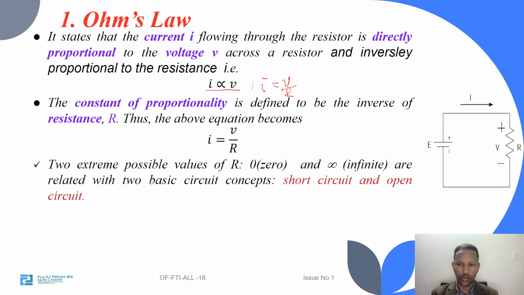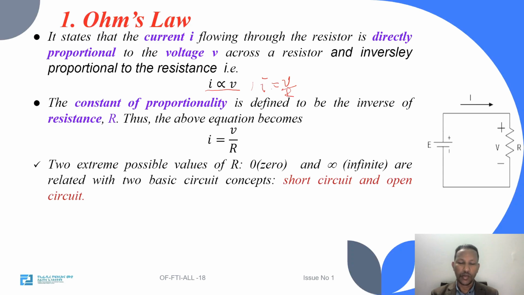That's Ohm's law. Under this, we have two extreme possible values for R. You know that a resistor is the opposing force for current flow through the circuit, the force that opposes the flow of current through conductive elements.